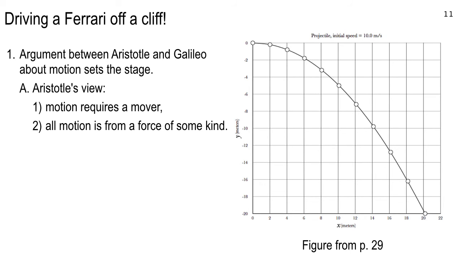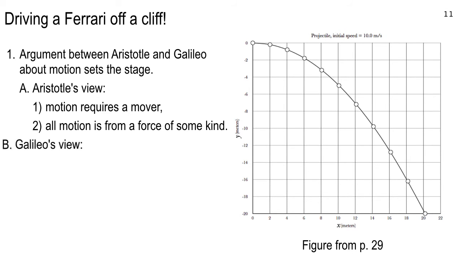Aristotle pictured air from in front of the arrow being pushed aside by the arrow, and swirling back behind the arrow and pushing it forward. It's very complicated and wrong. That was one of the problems of Aristotle's view.